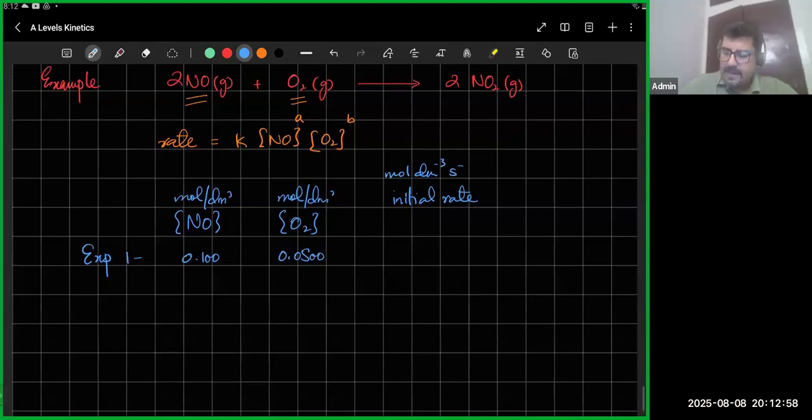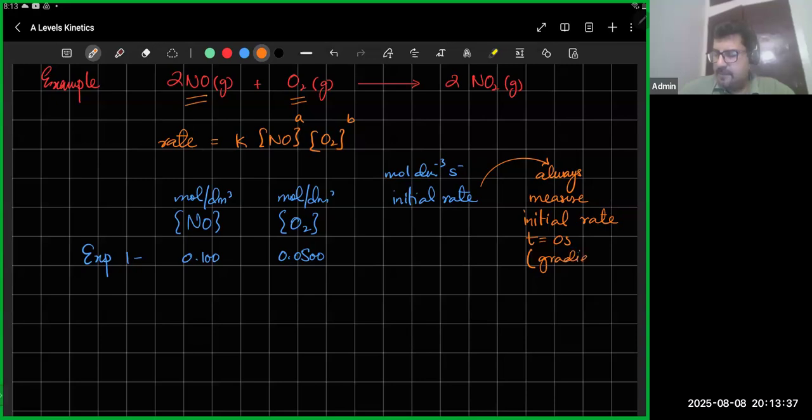But I have to explain this fact that whenever you try to compare experiments, when you try to compare rates of reactions of different experiments, you always measure initial rate. Because reactions slow down, okay? So you don't really measure the rate after 10 seconds or after 20 seconds. You always measure the initial rate, which is t is equal to 0. Because बाद में तो it's going to slow down anyways, right? So it's always measured at t is equal to 0 seconds. That's where you're going to try and measure the gradient.